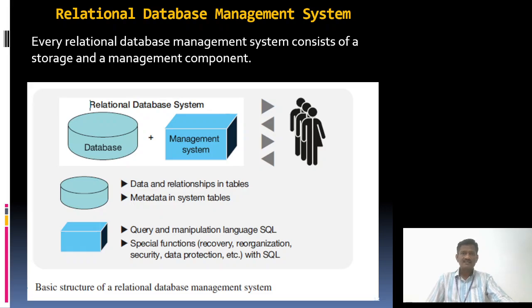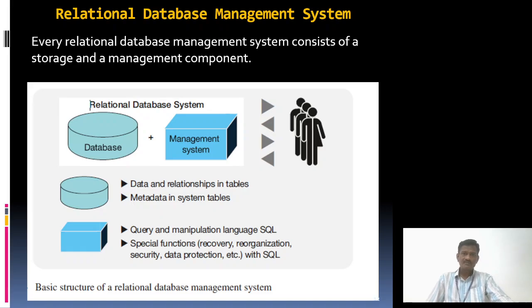Every RDBMS has two main parts. One is the storage component, which stores both user data as well as system data in tables. Second one is the management component, which handles SQL processing, security, data integrity, backups, and recovery. The management component is crucial for reliability.